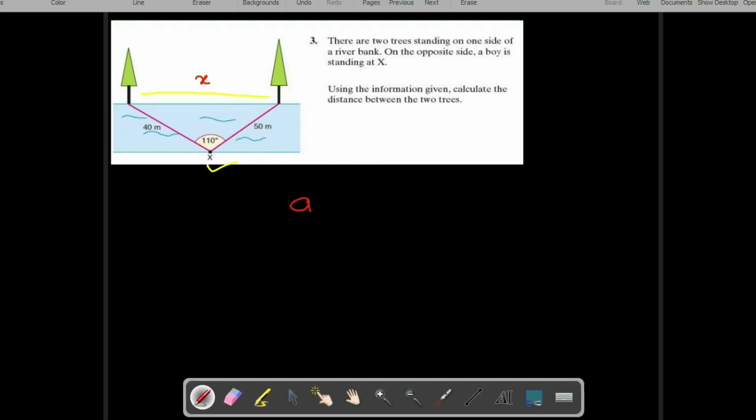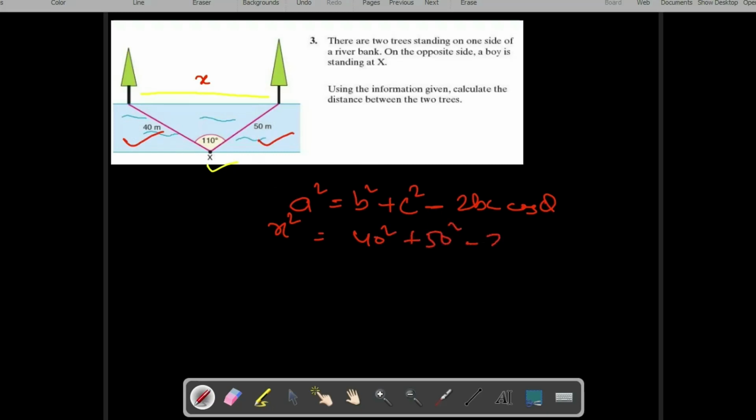So again I write x square equals b square plus c square minus 2bc cos theta, where theta is 110. So x square equals 40 square plus 50 square minus 2 into 40 into 50 into cos 110.